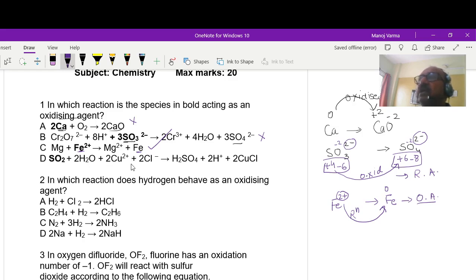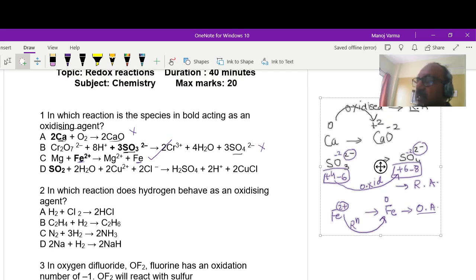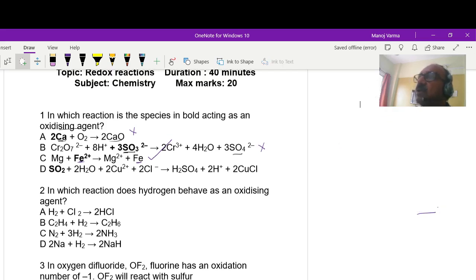But if you want, you can check it and write in the comments whether you understood why this is not the answer. So I think you understood the method: first find out the changes in the oxidation number, and then find out whether the substance is oxidized or reduced.